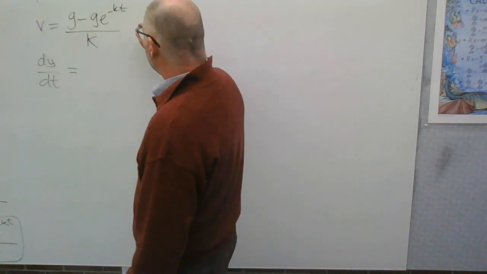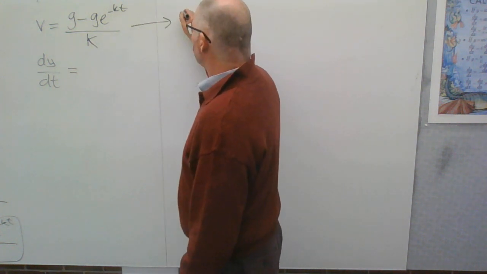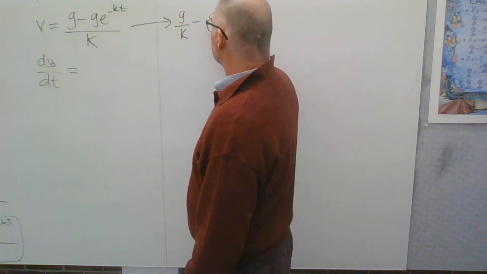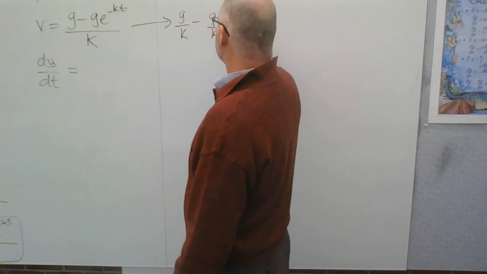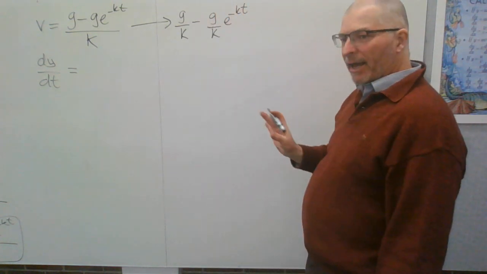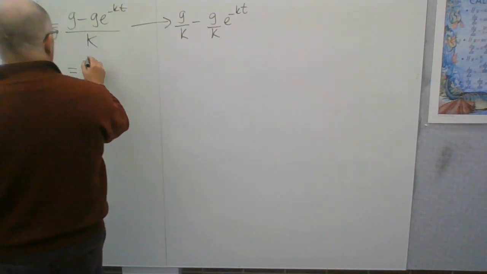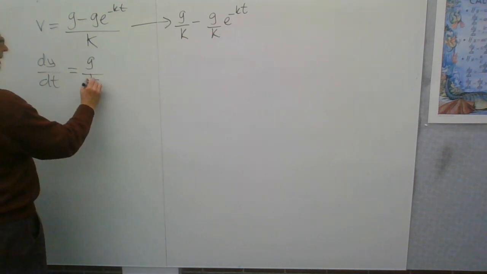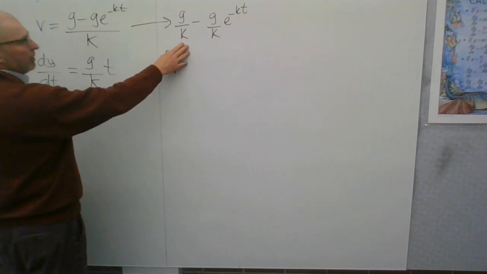Well, this function here is just g on k minus g on k e to the minus kt. So if I integrate that, that's g on k times t.